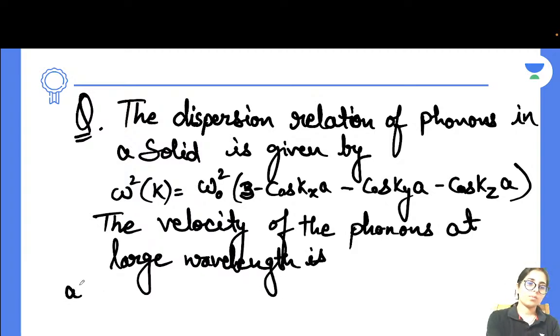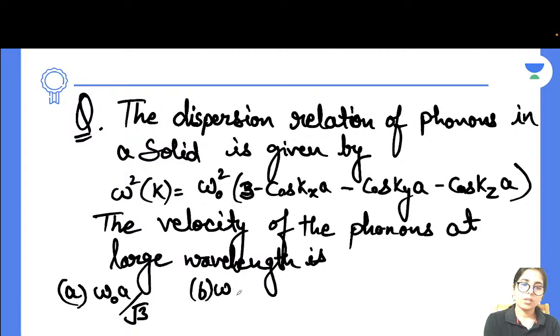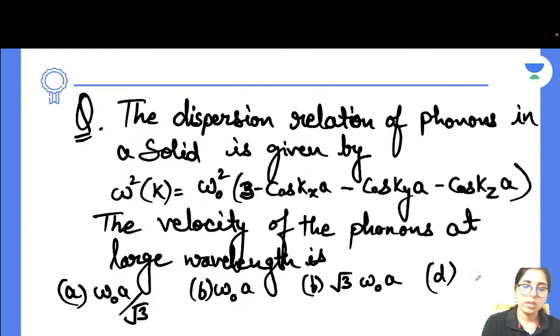Options are omega naught a over root 3, omega naught a, root 3 omega naught a, and the next one is omega naught a over root 2.